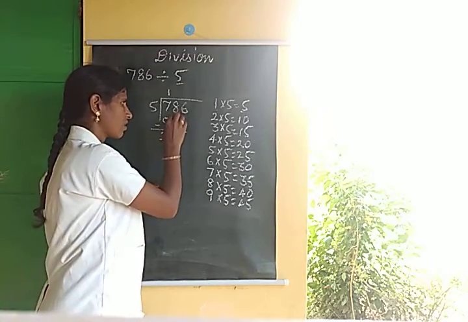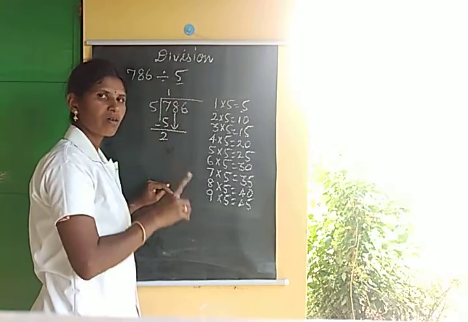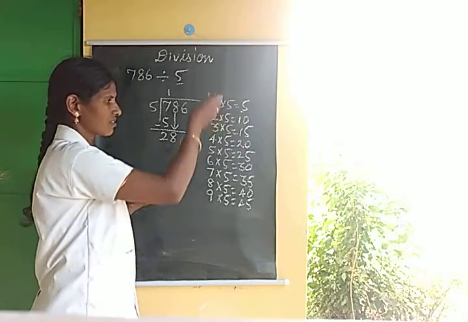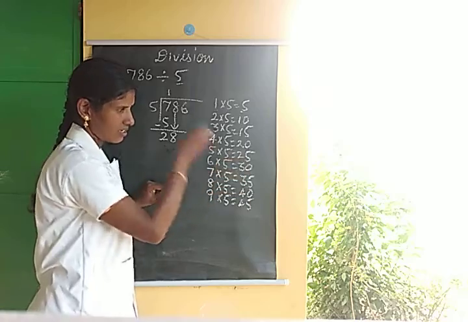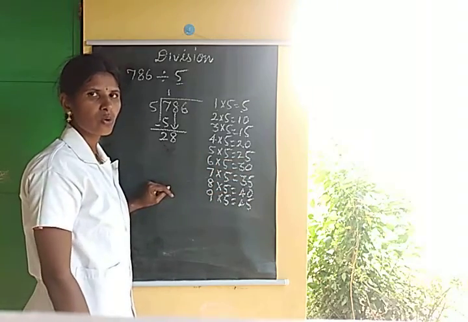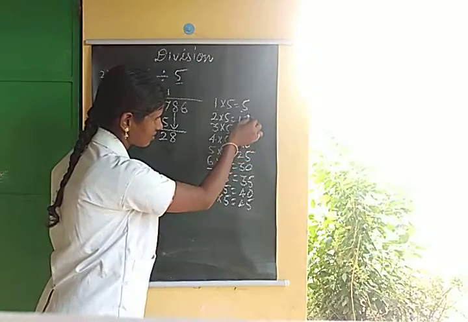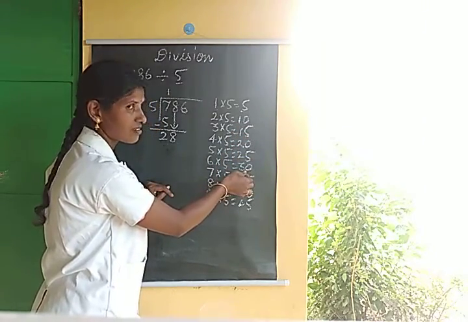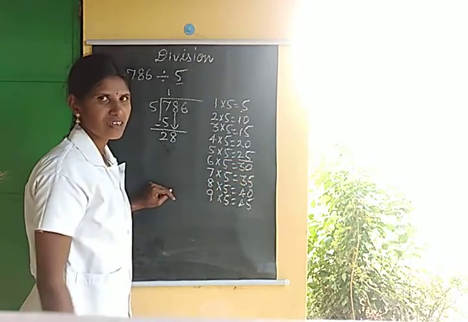Then take down the second number. Only one number we have to take down. Number 8. Now see, what is this number? 28. Is 28 there in the answer? No. Less than 28. 10, 15, 20, 25, 30. 30 is more than 28. So 25 is less than 28.